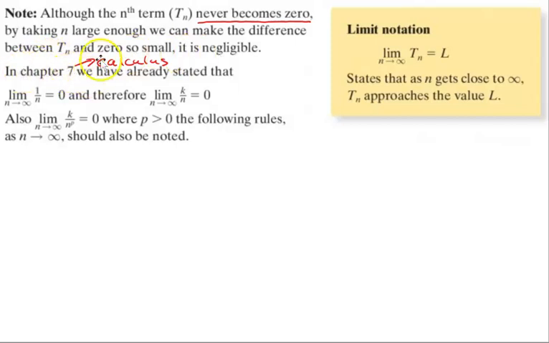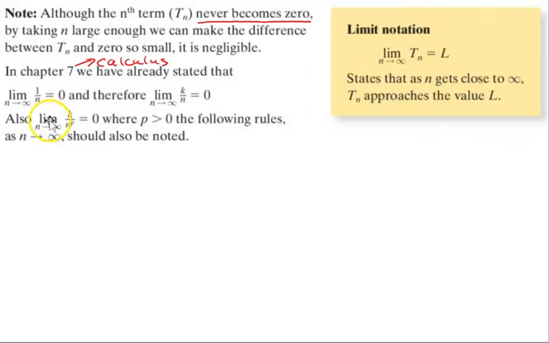In chapter 7, that's calculus, we've already stated that the limit as n approaches infinity of 1 divided by n is equal to 0. And therefore the limit as n approaches infinity of k over n is equal to 0.